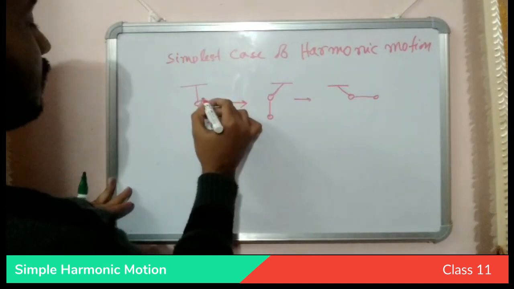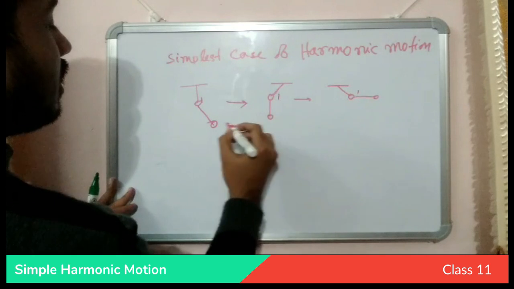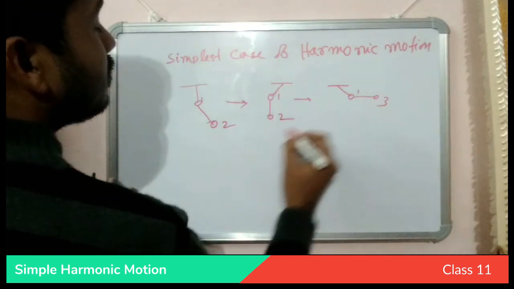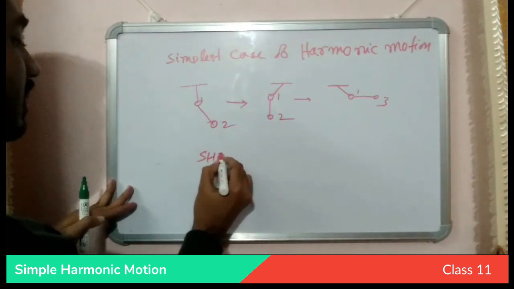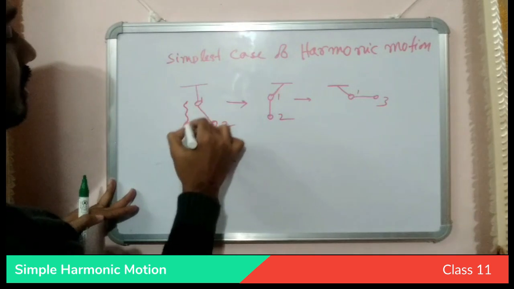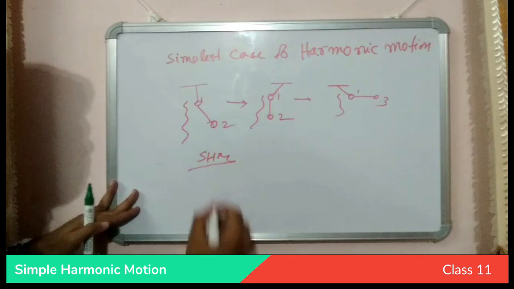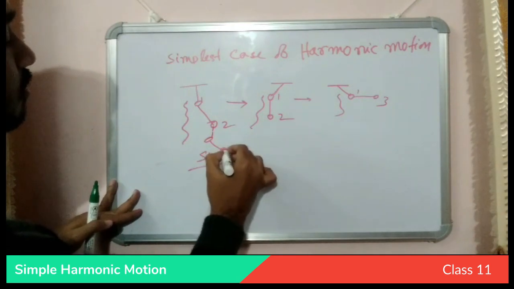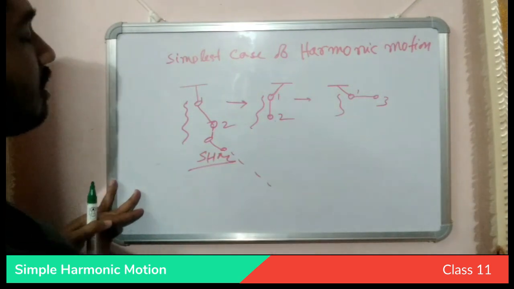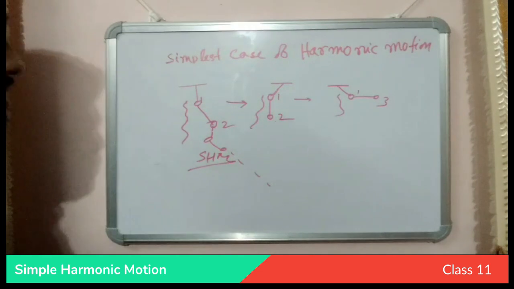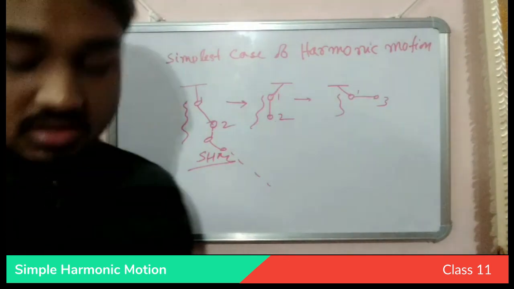So here are two pendulums, number 1 and number 2. Knowing the simple SHM case will lead us to this two-pendulum problem. After knowing this, you can attach 3, 4 or multiple pendulums here. So this is a very interesting chapter, and keep learning this chapter.